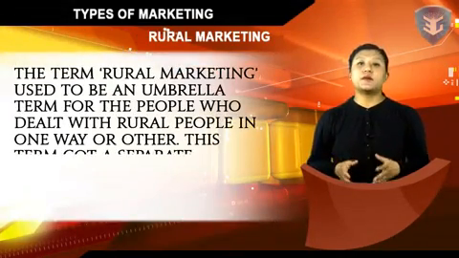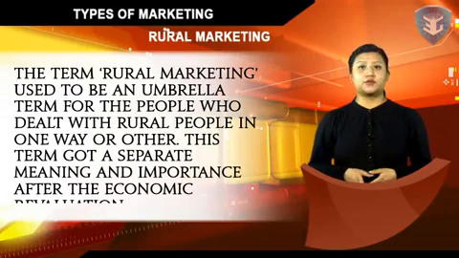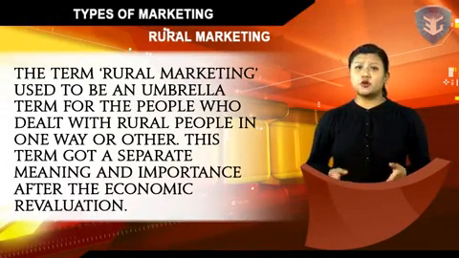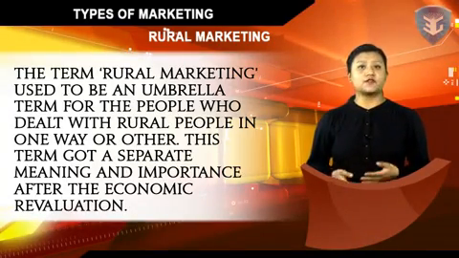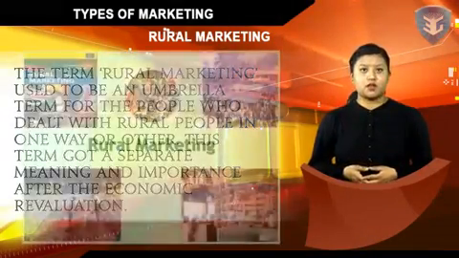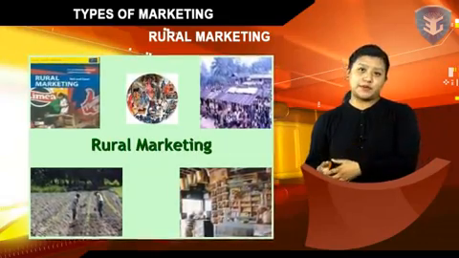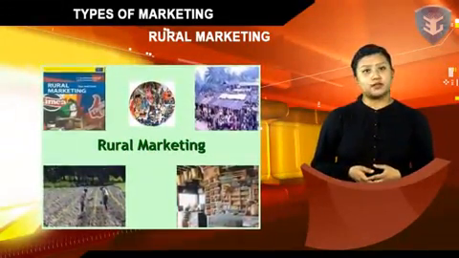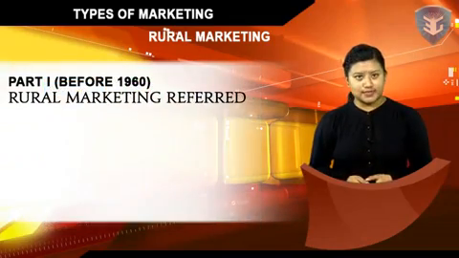The term rural marketing used to be an umbrella term for the people who dealt with rural people in one way or the other. This term got a separate meaning and importance after the economic revaluation. So before venturing into the other aspects of rural marketing, let us define the development of this area in different parts. Part 1, before 1960.